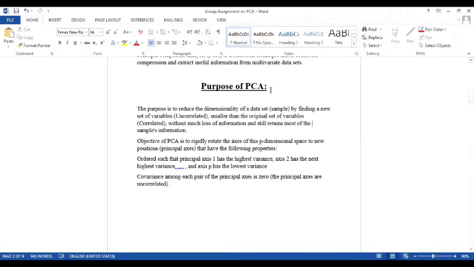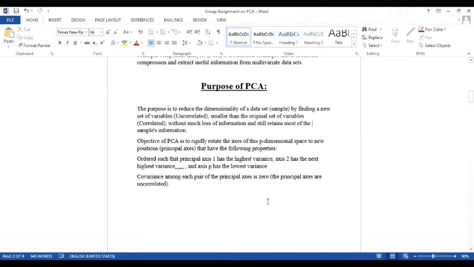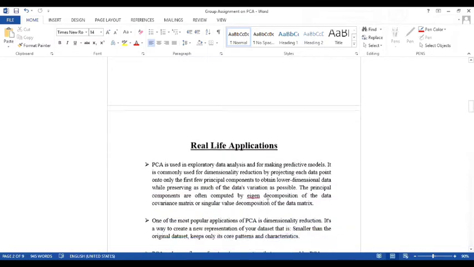And these are the applications of principal component analysis.